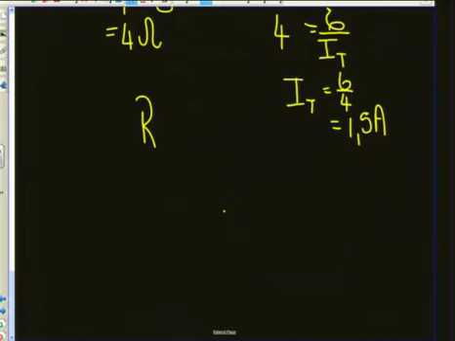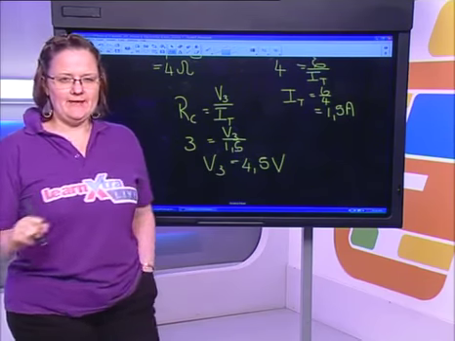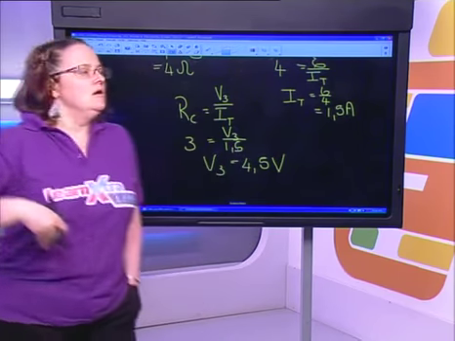So RC is going to be V3 divided by I total... so this is 3, this is 1.5, and we're going to go 3 times 1.5, which means 4.5 volts. Okay? 4.5 volts.